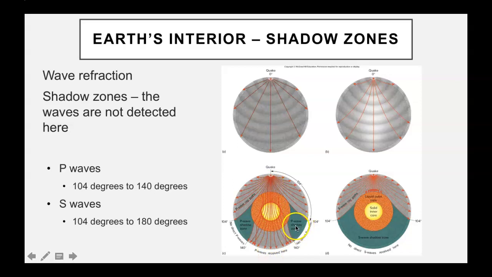There's just these shadow zones where that refraction occurs. On the other one, figure D, these are the S waves, and the S waves literally stop at the outside edge of the liquid outer core. So the S-wave shadow zone is pretty much the whole other side of the globe.